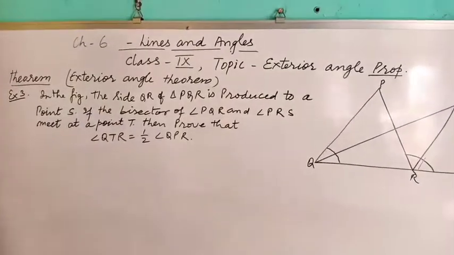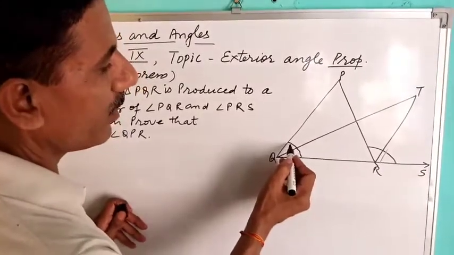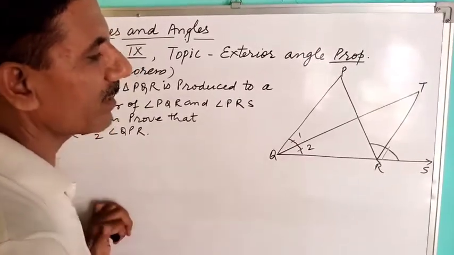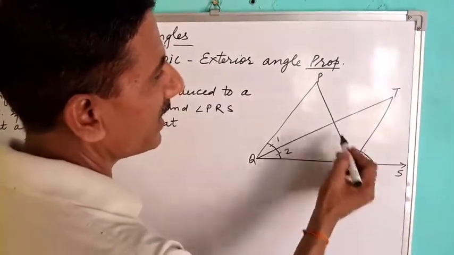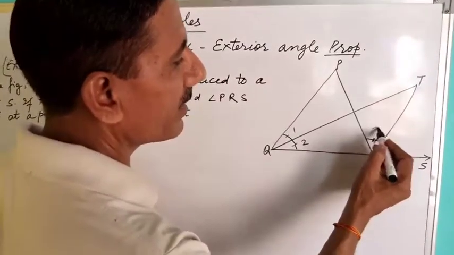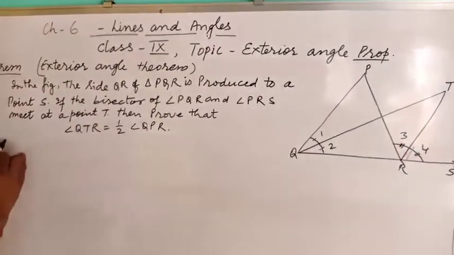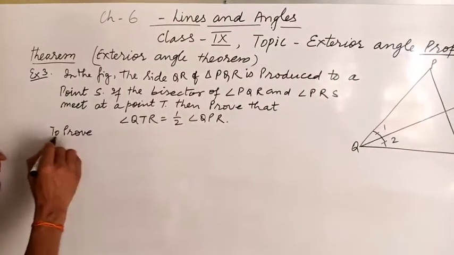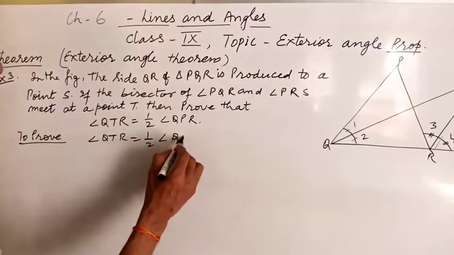So how do we prove it? QT is the bisector of angle PQR, so these angles are equal, and we have taken them as angle 1 and 2. Also RT is the angle bisector of angle PRS, so these angles are equal, and we have taken them as angle 3 and 4. Now let's solve. To prove: angle QTR is equal to half angle QPR.